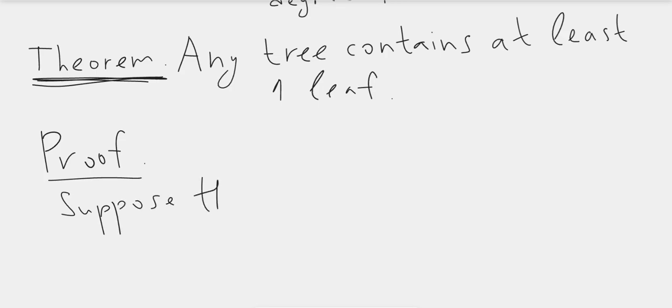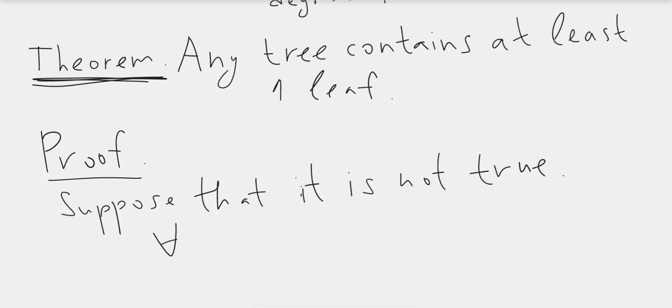Suppose that it is not true. So then it means that any vertex in our tree has degree at least 2.